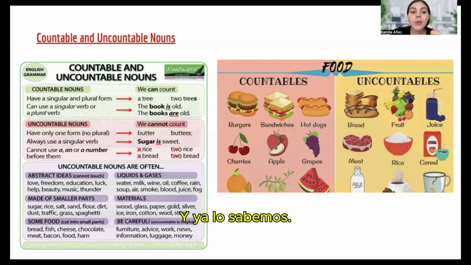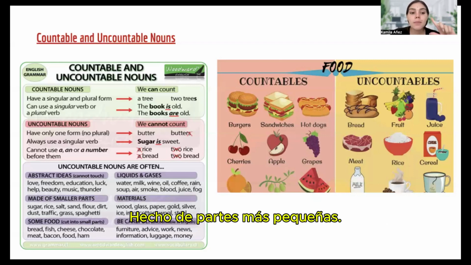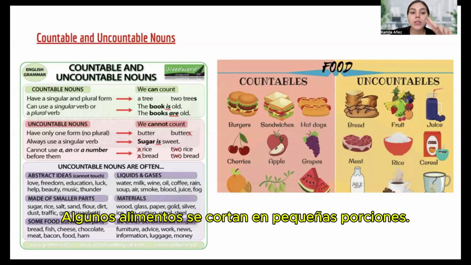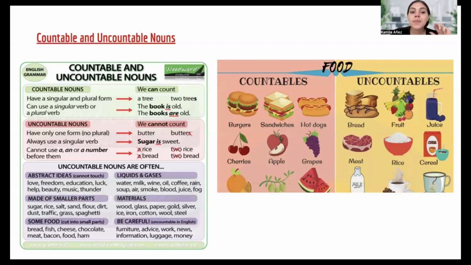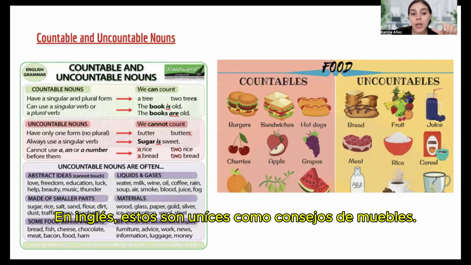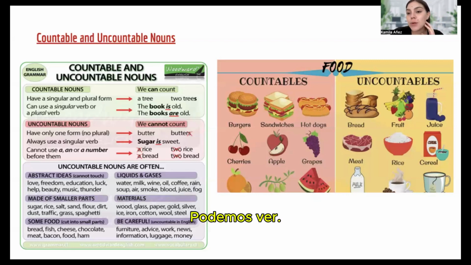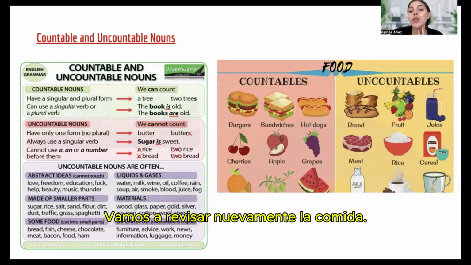And we already know that uncountable nouns are often abstract ideas made of smaller parts, some food cut into small parts, liquids and gases, materials. And of course, we have to be careful with uncountables in English. These are furniture, advice, work, news, information, luggage, and money. We're going to review one more time the food.